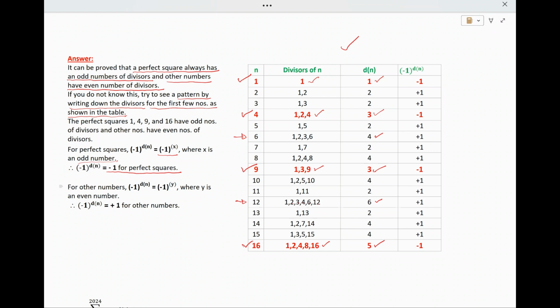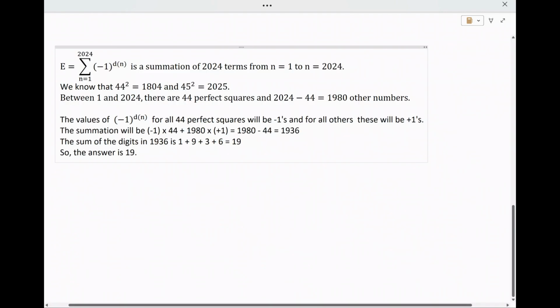For other numbers, the same thing will be (-1) raised to the power of dn, that is equal to (-1) raised to the power of y, where y is an even number. And (-1) raised to the power of an even number is +1, and that is for other numbers.